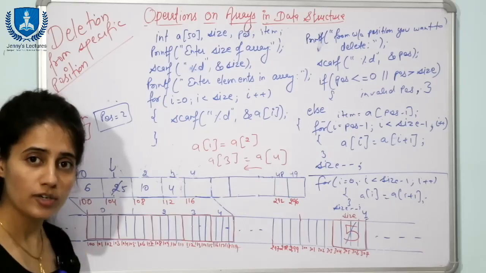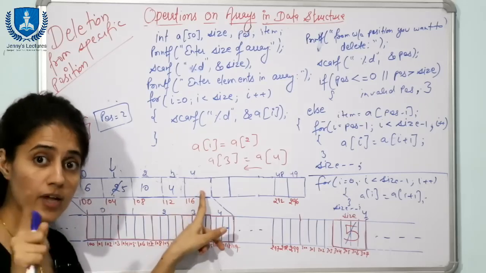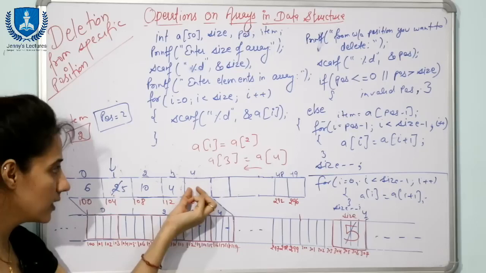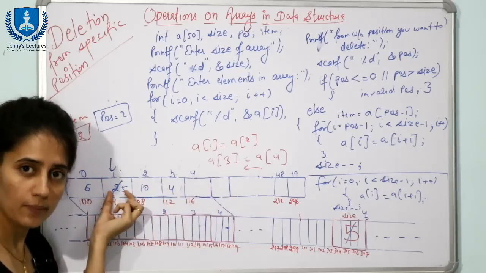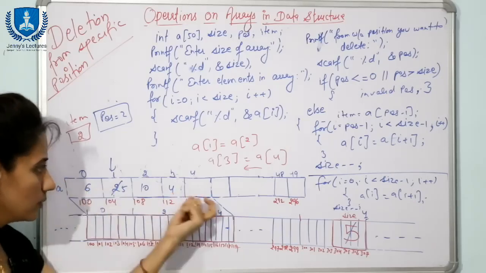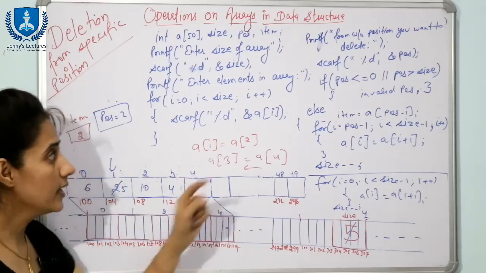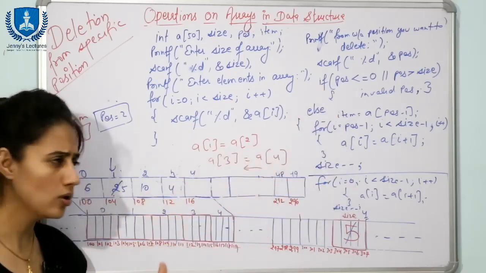But if the array is sorted, in that case the ordering of the elements would matter. In that case you can't directly pick the last element and place it at the position from where you want to delete the data, because it will disturb the order of the elements in a sorted array. In a sorted array it is a must to use the shifting process, but in an unsorted array you can do this.